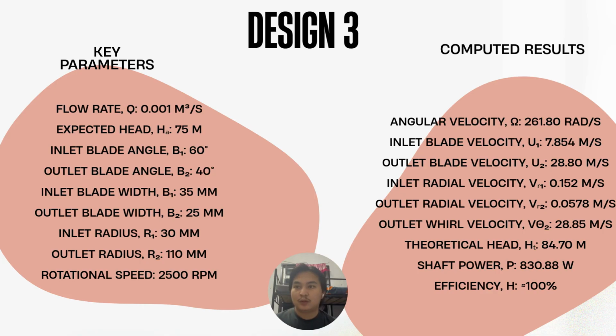Q is equal to 0.001 meter cube per second, the expected head HA equal to 75 meters, the inlet blade angle beta 1 is equal to 60 degrees, the outlet blade angle beta 2 equal to 40, the inlet blade width B1 equal to 35 mm, the outlet blade width B2 equal to 25 millimeters, the inlet radius R1 equal to 30 millimeters, the outlet radius R2 equal to 110 millimeters, and it will rotate at 2500 rpm.